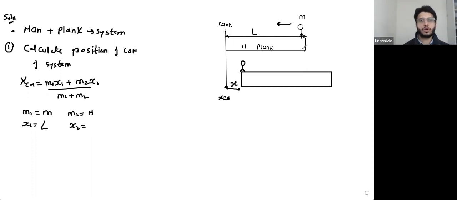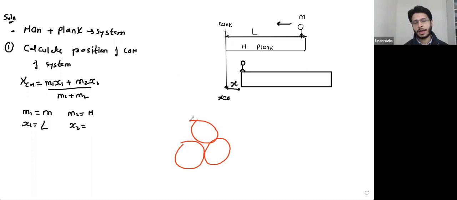A rigid one. So what we do for a rigid body is we first replace the rigid body by its center of mass. If you remember, in the last class, we did a question on 3 spheres. I told you to calculate the center of mass of the system. What was the first step? You first replace each sphere by their respective center of mass, isn't it?